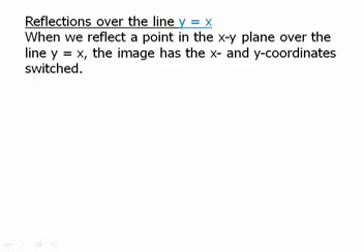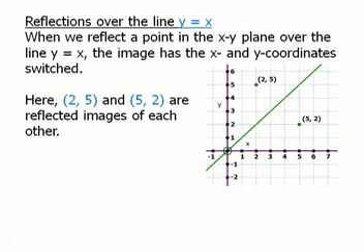When we reflect a point in the xy plane over the line y equals x, the image has the x and y coordinates switched. So here, 2, 5 and 5, 2 are reflected images of each other over the line y equals x. In other words, we swap the place of the x-coordinate and the y-coordinate. That's the effect of reflecting over this particular line.